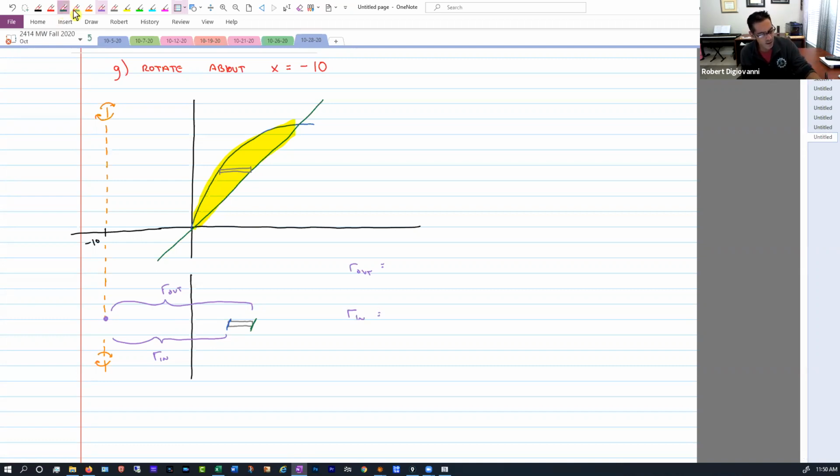So Alex is saying, look, the green curve right here is y. Remember, we have to switch everything to functions of y now. So that's y. The inner one there, that's y squared. And so Alex is saying, the distance from the y-axis to that outer edge is y, but you have to add the additional 10 that's there. So 10 plus y.